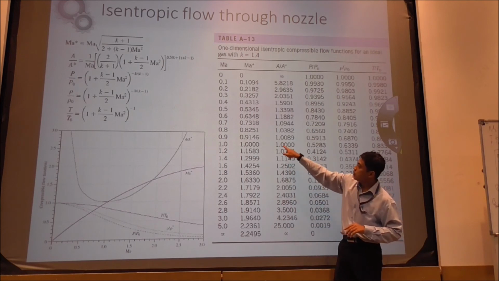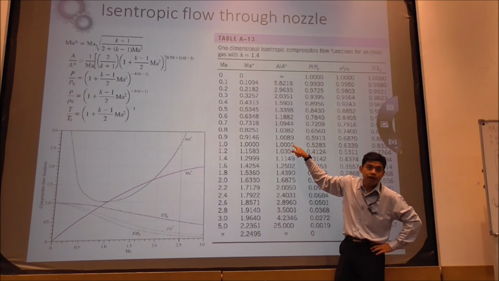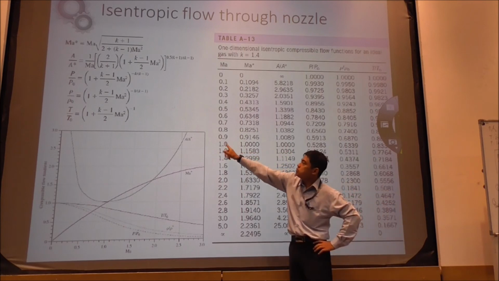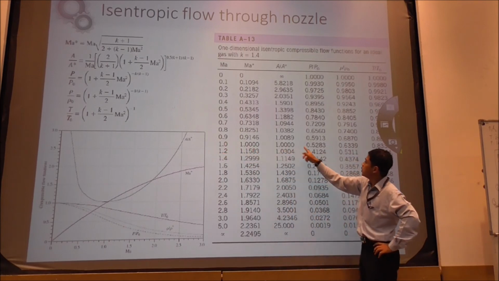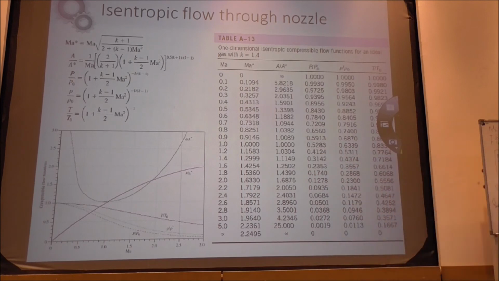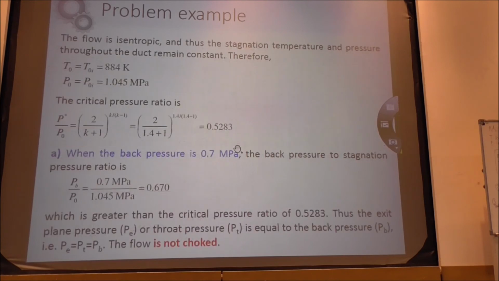So at the ratio of 1, when A is equal to A star, this is the condition at the throat. When you reach the condition at the throat, Mach number will be 1 and everything will be given here. Okay, and we have gone through this question.